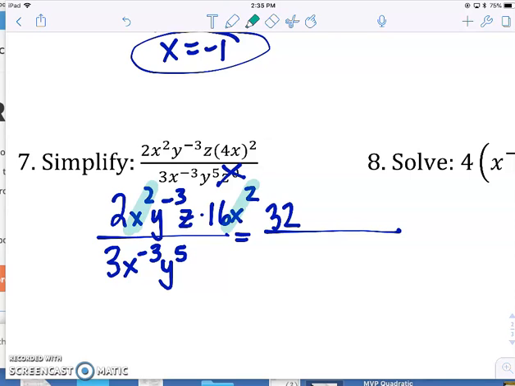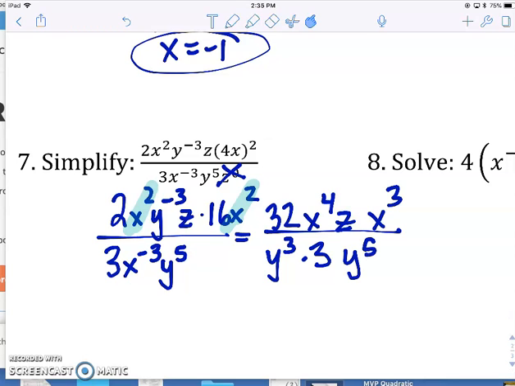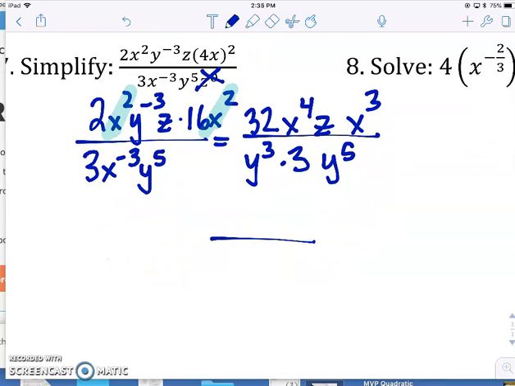On the top, x to the 4th. Y cubed goes to the bottom, and z. On the bottom, we have that 3x cubed goes to the top, y to the 5th. So simplifying that, we have 32 over 3. We'd have x to the 7th, z on top, and y to the 8th on the bottom.